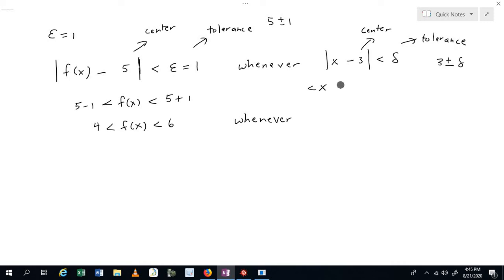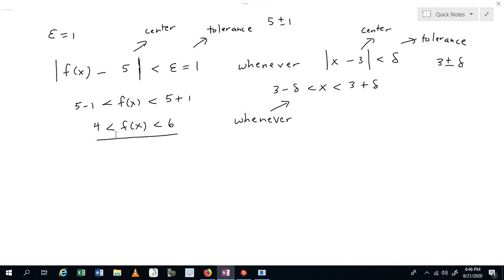So in other words, x has to be between 3 plus delta and 3 minus delta. Okay? So we've got to show that f of x is trapped between 4 and 6 whenever x is trapped between 3 plus or minus some delta.